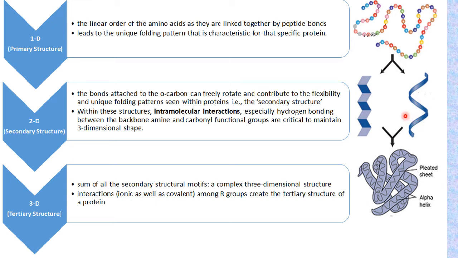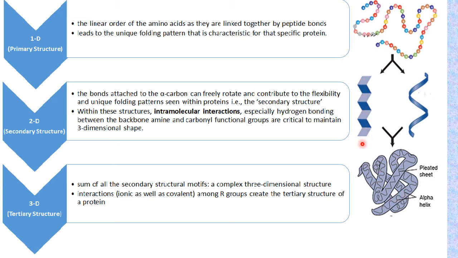After that, more than one type of secondary structure, because till this point it is an intramolecular interaction. Now at the level of 3D or the tertiary structure, there may be intermolecular interactions. That is, the formation of bonds, covalent or ionic, between various side chains.